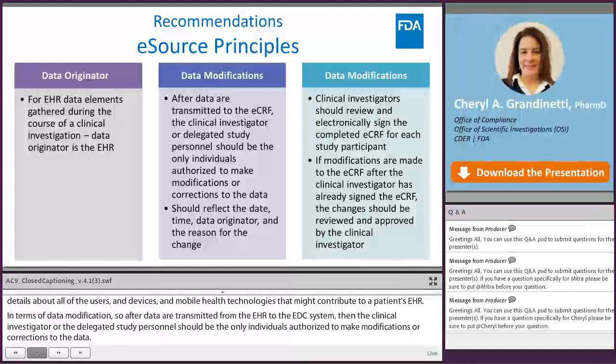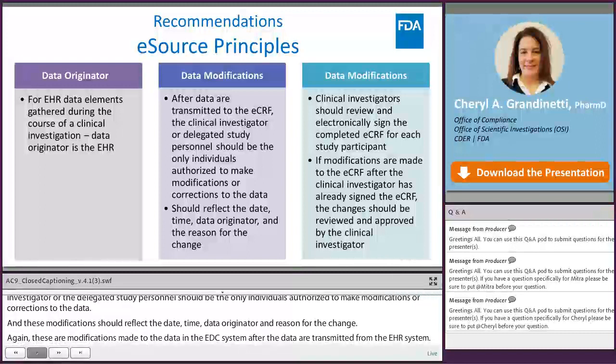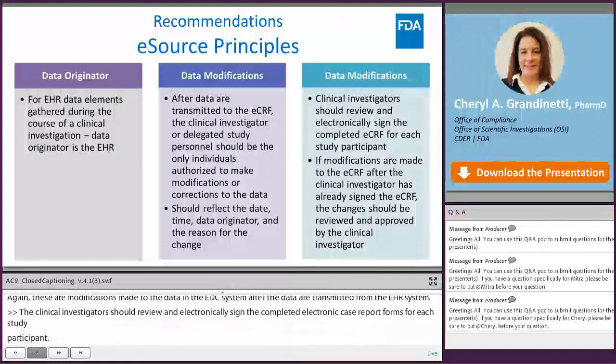Again, these are modifications made to the data in the EDC system after the data are transmitted from the EHR system. The clinical investigator should review and electronically sign the completed electronic case report forms for each study participant, and if modifications are made to the electronic case report form after the clinical investigator has already signed it, then these changes should be reviewed and approved by the clinical investigator.